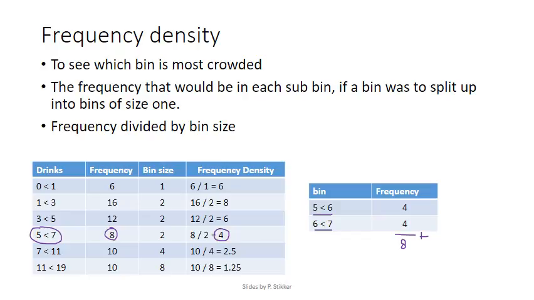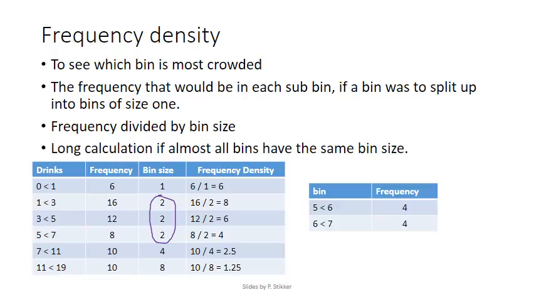Now, this is one way of doing this, but as you might notice in this case, almost all of these have the same bin width. And it takes a little bit long, especially if, for example, you have 10 bins and only the first and the last one is different, to do these calculations. So instead of having to split each of these up into a size of 1, you could do it slightly differently and split them up into bins with a so-called standard bin size.